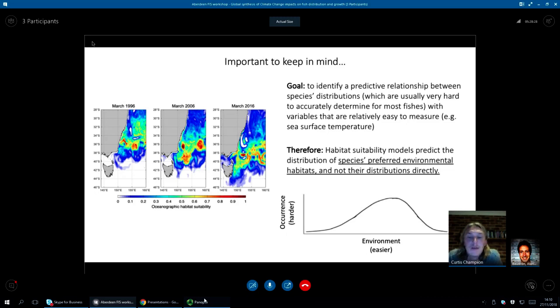So we've got one variable there on the x-axis that might be an environmental variable that's easy to measure, and an occurrence record that might be harder to measure, and we're trying to relate something that's easier to measure with something that's more difficult to grasp. So for that reason, most of the scale bars will be accompanied by terms such as oceanographic habitat suitability or environmental preference, and not the term species X distribution.